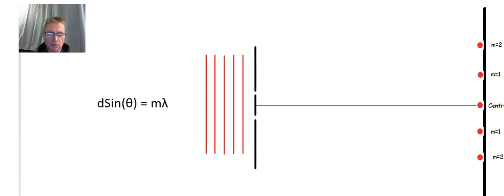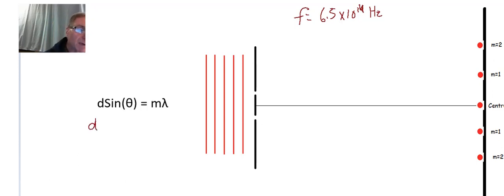We're told that a light wave of frequency 6.5 times 10 to the 14th hertz is incident on a diffraction grating with openings that are a distance of 0.008 millimeters apart. So d is 0.008 millimeters, or if we divide that by 1,000, 0.000008 meters apart. Okay, so we have d.